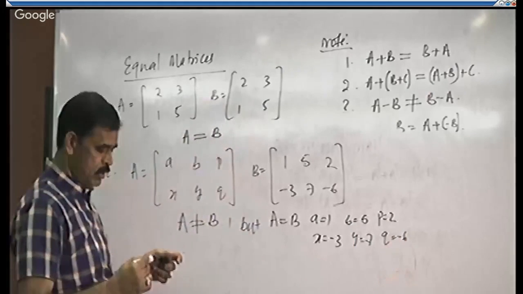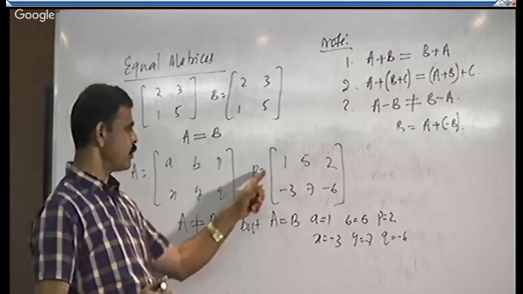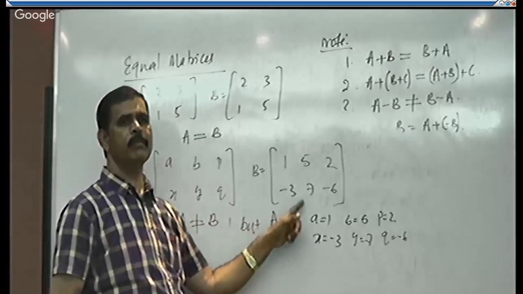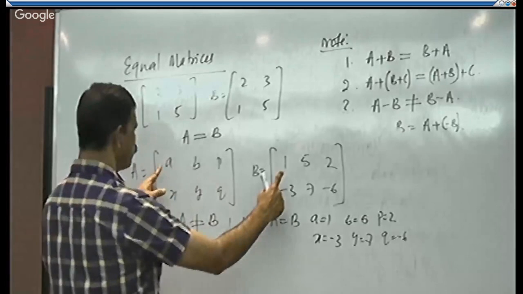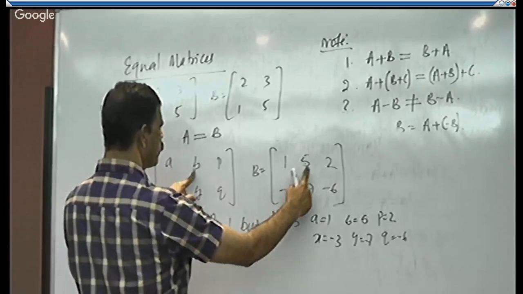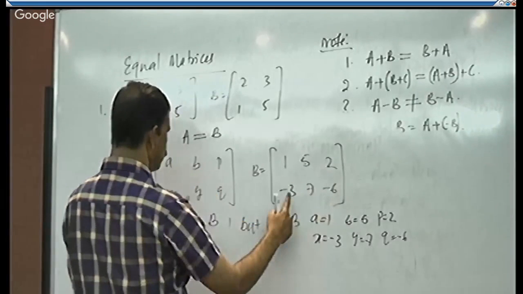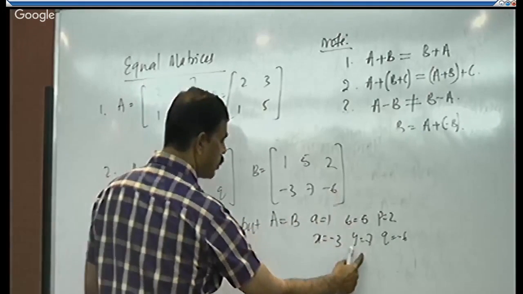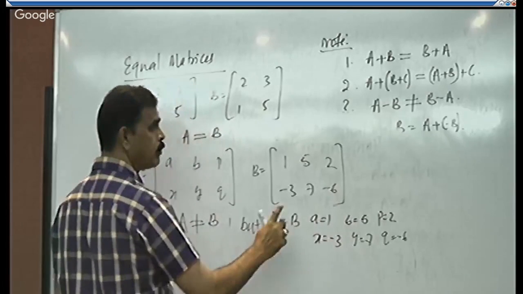Is it right? Basically, they are not equal matrices, but if you want to make them equal, then you can give a condition. If A is equal to 1, B is equal to 5, P is equal to 2, X is -3, Y is 7, Q is -6, they are said to be equal matrices.